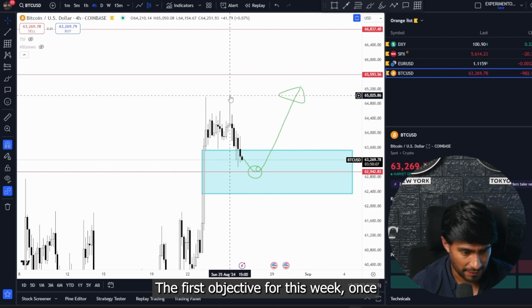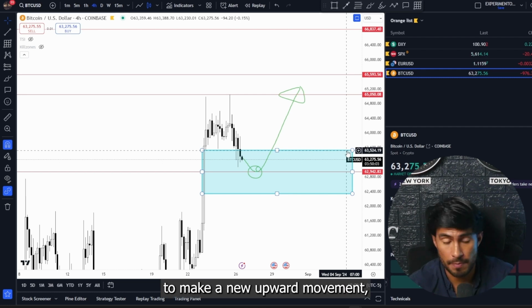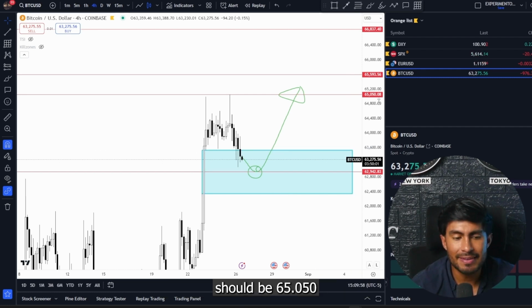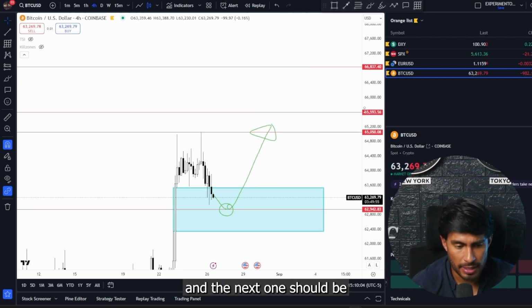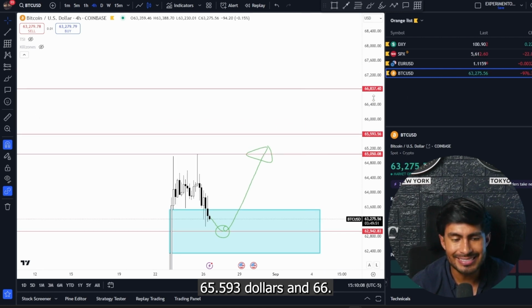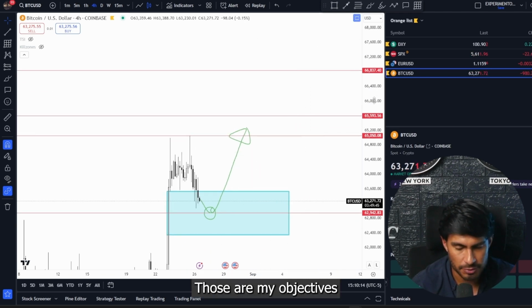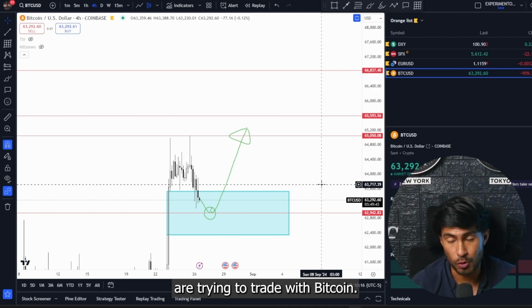The first objective for this week, once we have enough liquidity to make a new upward movement, should be $65,050, and the next one should be $65,593 and $66,837. Those are my objectives for this week if you are trying to trade with Bitcoin.